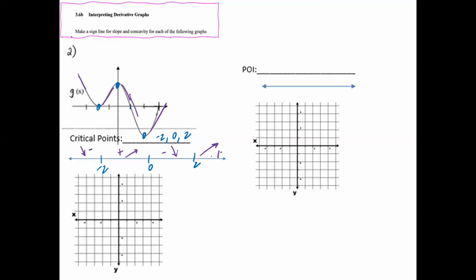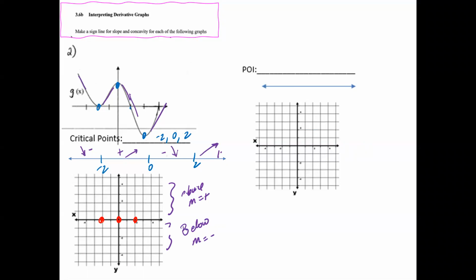So with these slopes, remember, if it is a positive slope, it is going to be above the x-axis, and then it is going to be below if it is a negative slope. So then your graph is going to be at -2, 0, and +2.